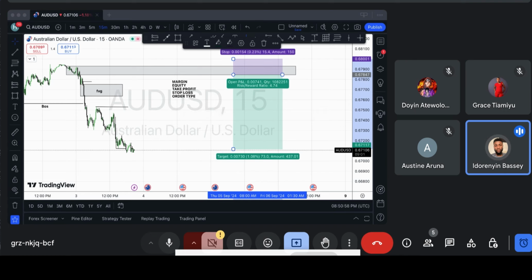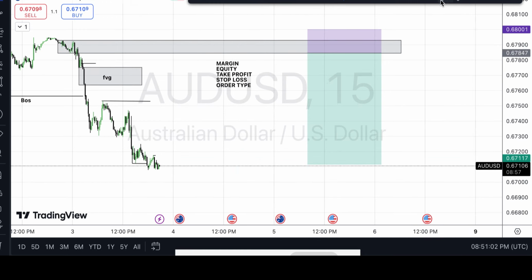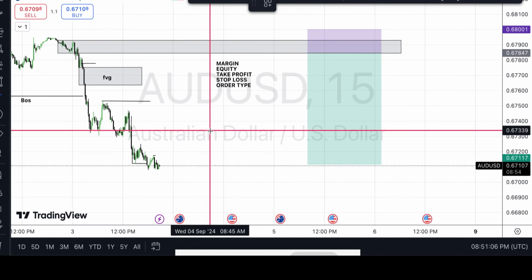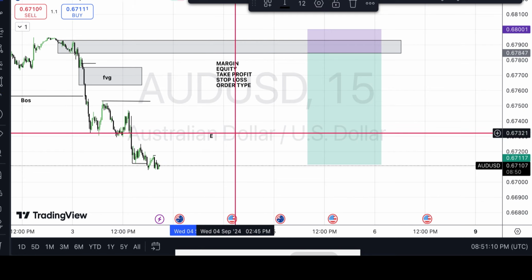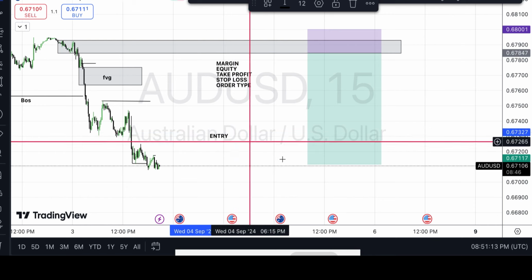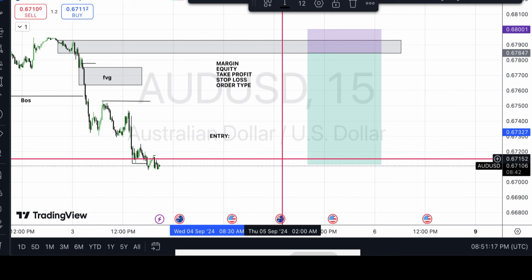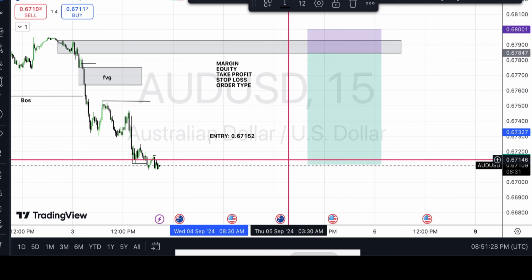If you are in my Telegram group and let's say I dropped a signal and I said entry, I want you to enter the trade at 0.67152, and then I put TP, let's say I want the TP to be 0.67146.